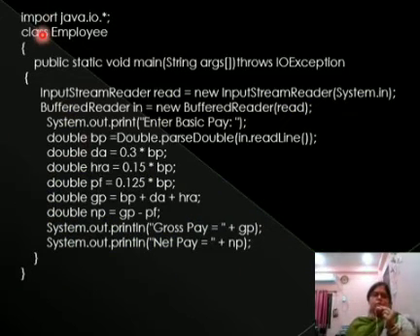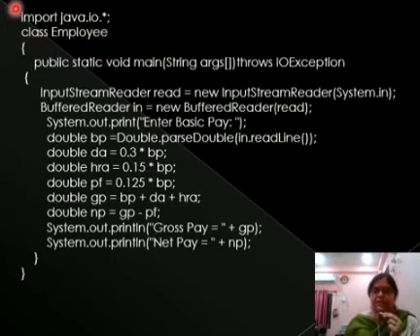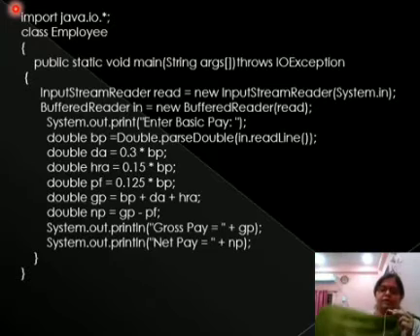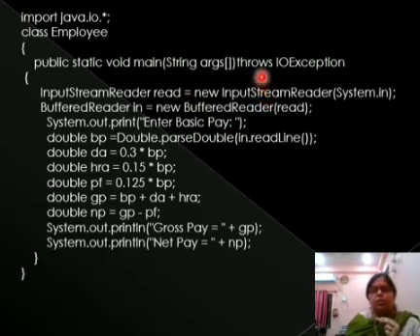Now we are going to write this program. See how here import java.io package has been used. Class Employee, as the name was previously given. We have seen that the class Employee name was given there. Okay. Now public static void main, throws IOException. The throws keyword and all the other keywords have been used here.